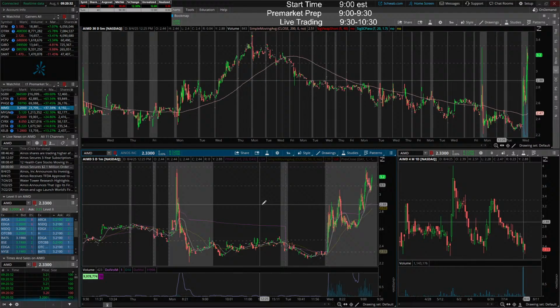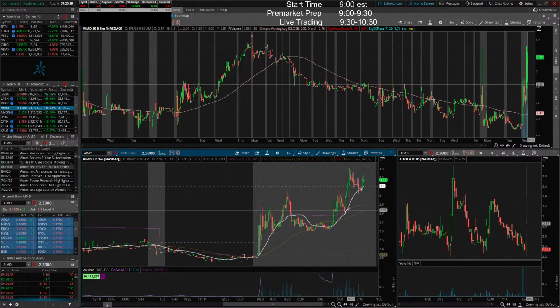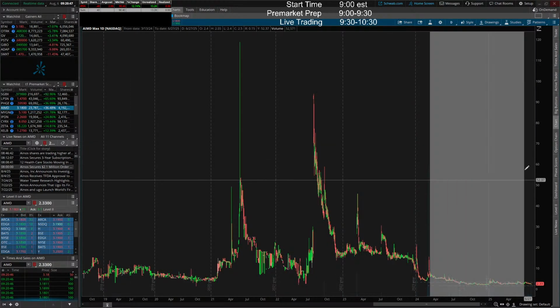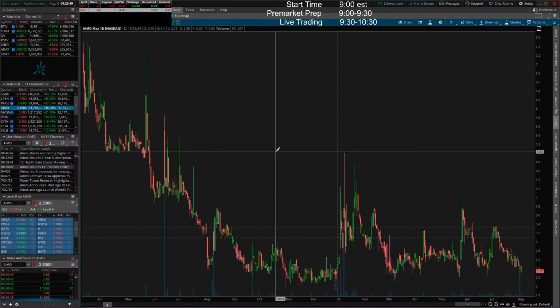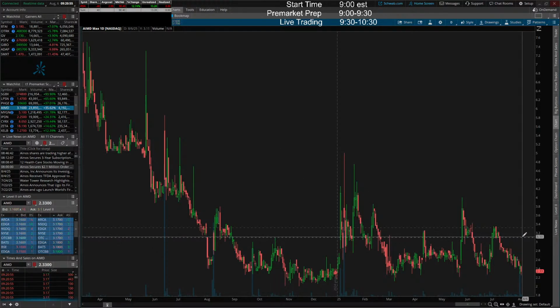AIMD. Ooh, this one's looking cool. I like this one. Really nice hold. Nice move in pre-market. So it's at 318 right now, pushing up to this resistance area, high resistance area for this one.